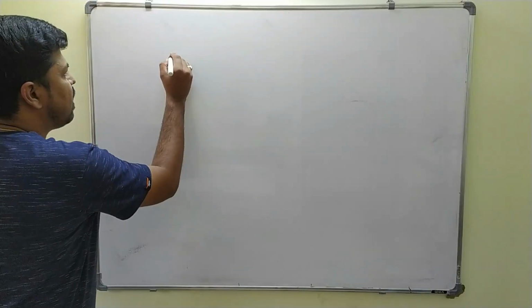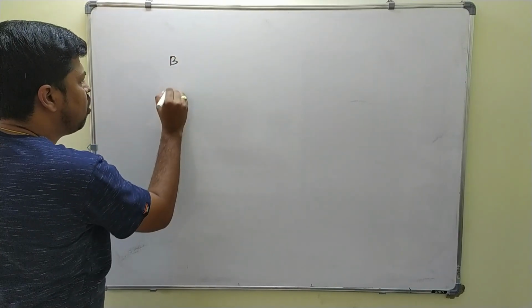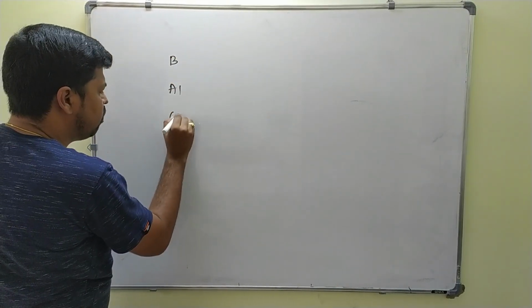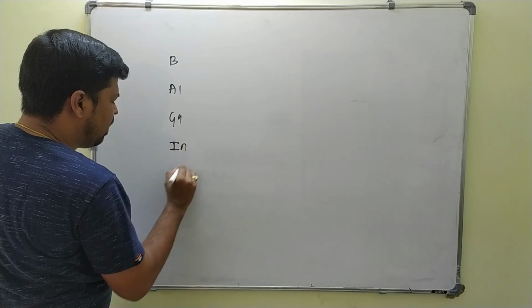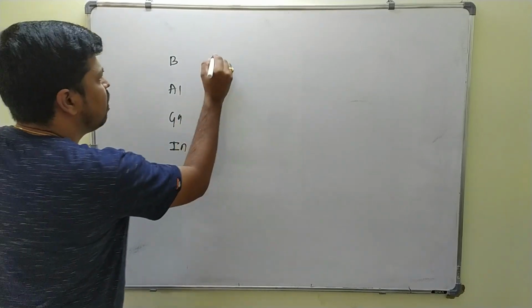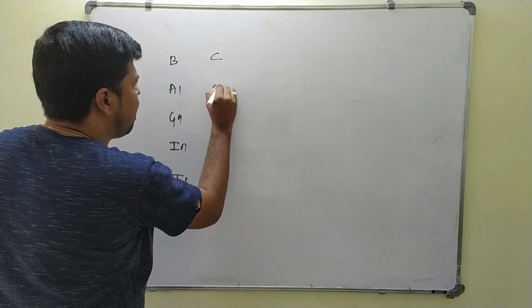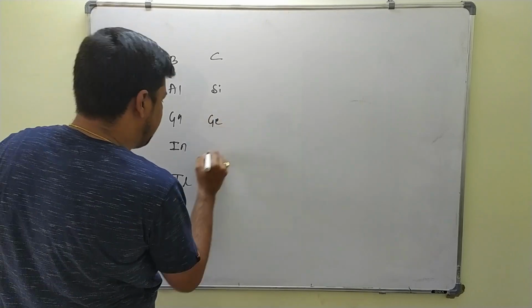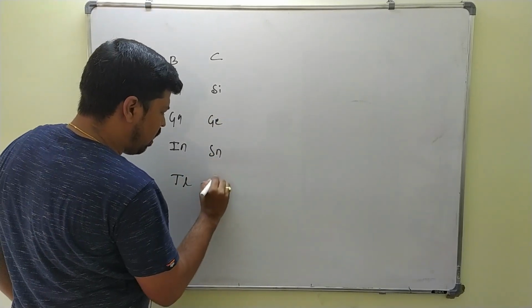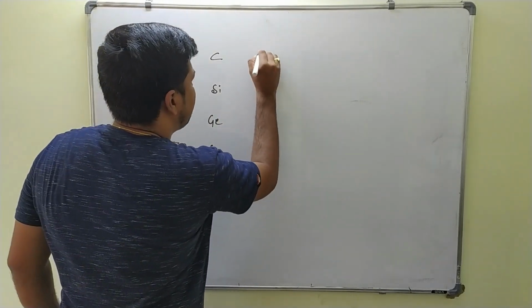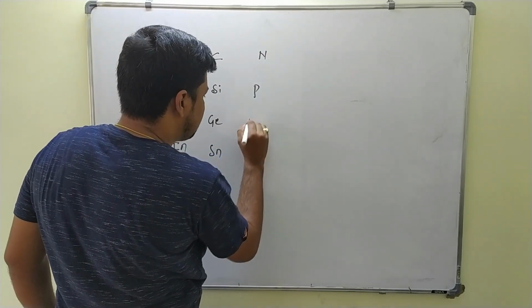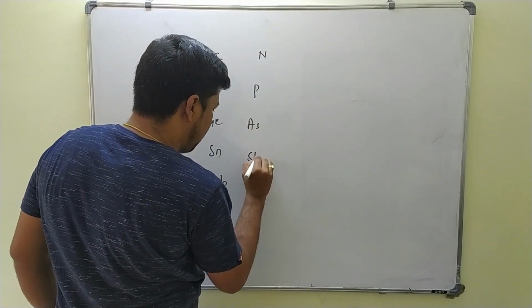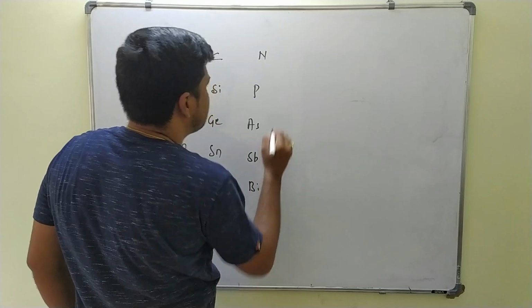Okay, first one I will write: boron family, boron, aluminium, gallium, indium, thallium. Next one, carbon family: carbon, silicon, germanium, tin and lead here. Next one is nitrogen, phosphorus, arsenic, antimony and then bismuth.